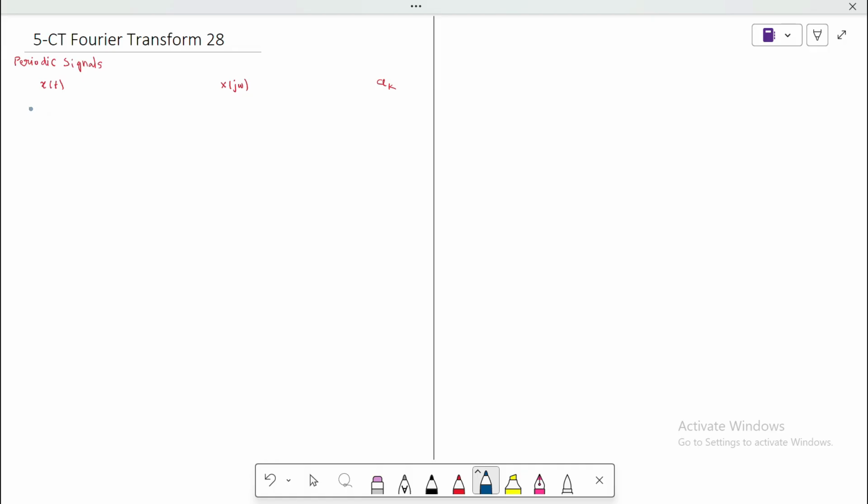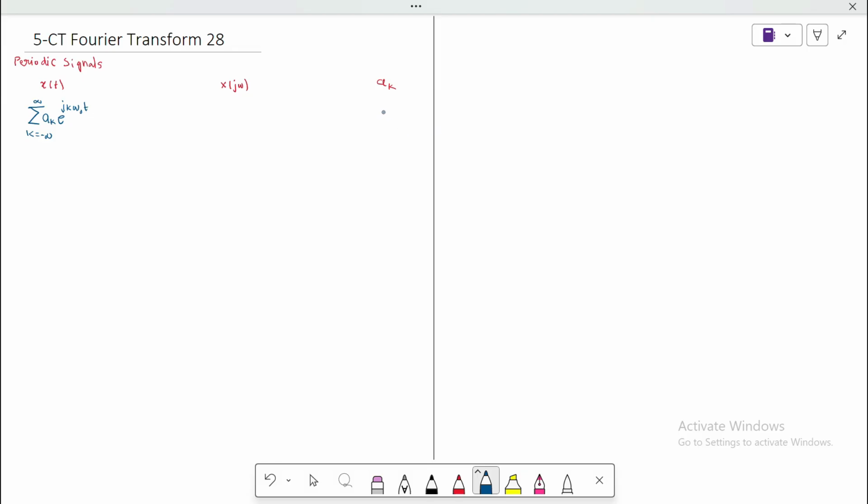We know that any periodic signal can be written as the sum of a k into e power j k omega naught t. So any periodic signal can be represented by this equation.